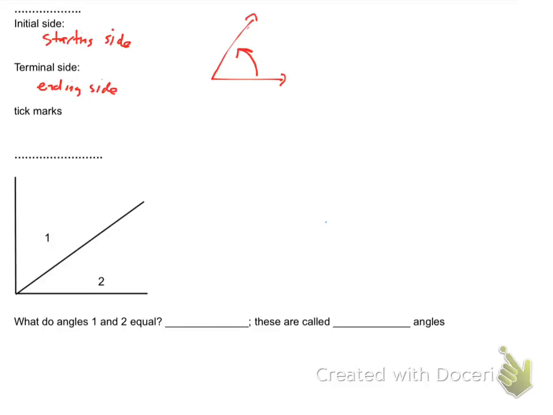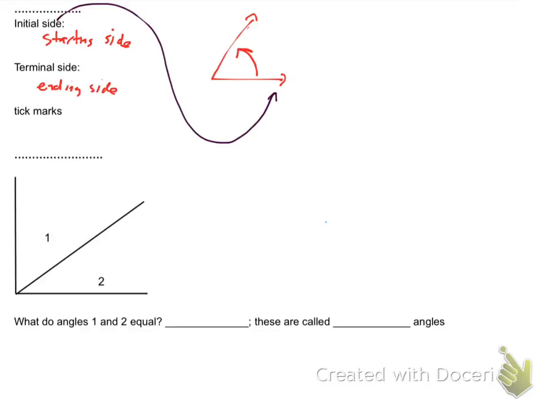So if I go to my diagram there, which one's the starting side? Which one's the ending side? Which one's the initial side? Which one's the terminating side? The initial side is the one on the bottom. Usually, this is called the initial side or the starting spot.